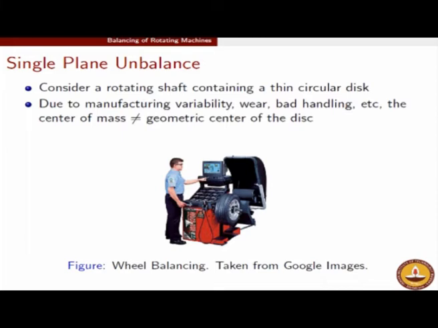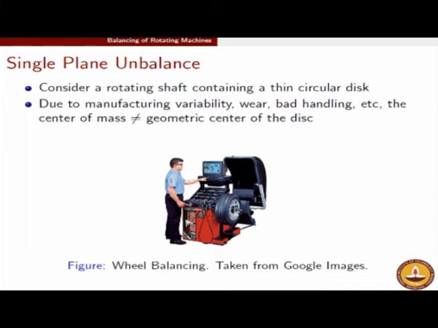Grinding wheel is also another example. Again, because of the distribution of the abrasive particles which are mounted in the grinding wheel, the grinding wheel itself undergoes a non-uniform wear rate. Because of that, you would not expect that the geometric center will coincide with the center of mass of the grinding wheel during its entire course of operation.